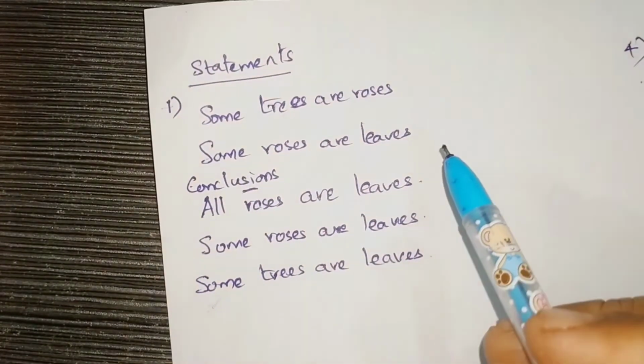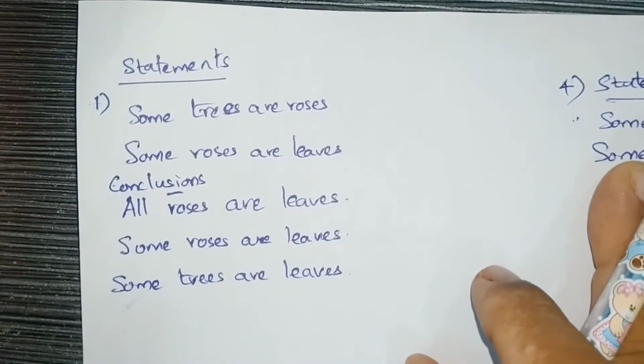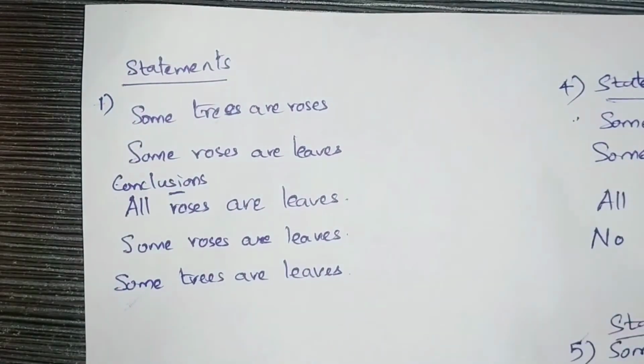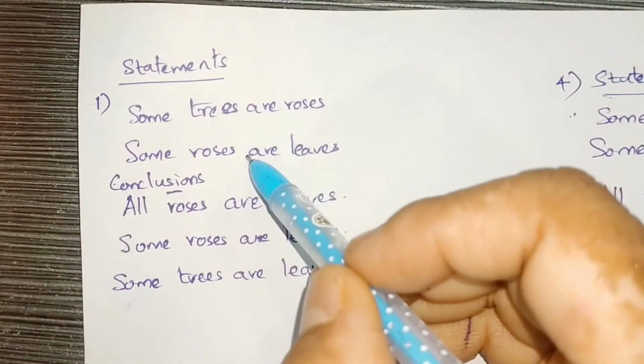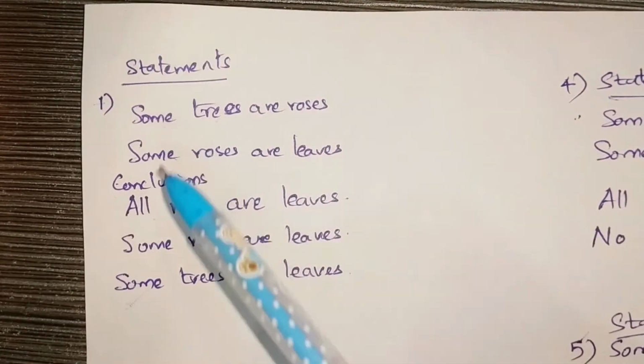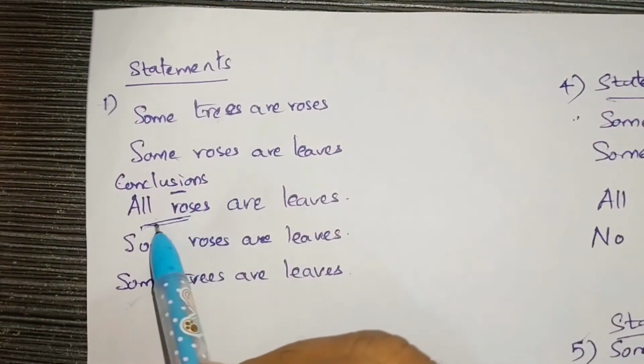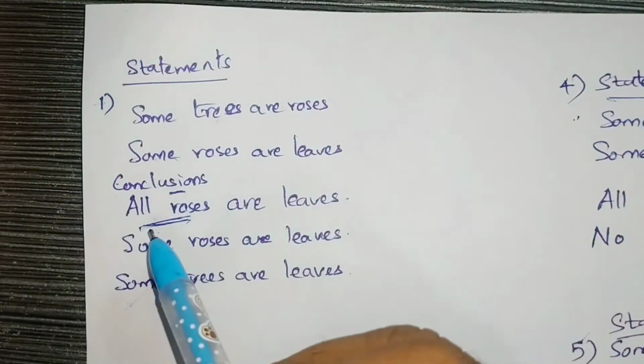Some trees are roses. Some roses are leaves. Okay. Some is there. When some is there in the statement, all will never come. Some roses, from where do we get all roses? We can't get. Some is there, all cannot come.